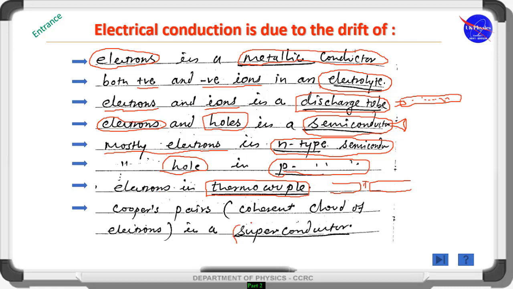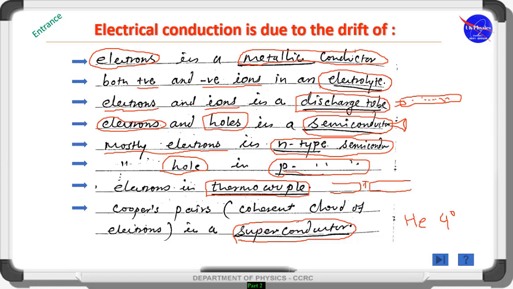Finally, the superconductor. Superconductor means a conductor which has almost zero resistance. Suppose helium at 4 kelvin acts like a superconductor. So inside the superconductor the resistance is almost zero.